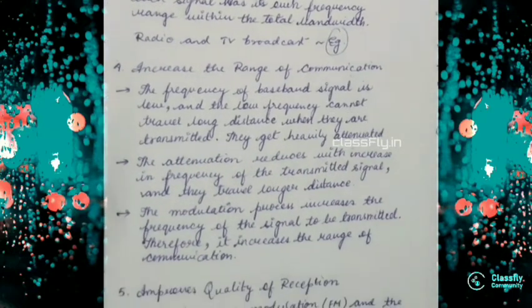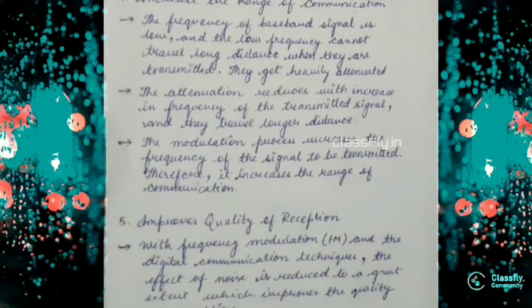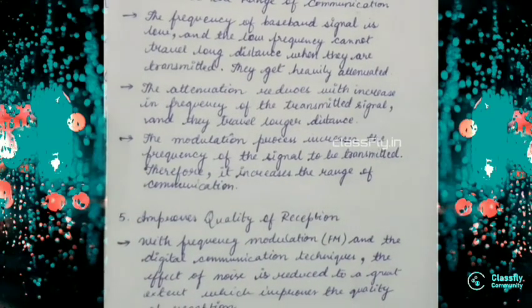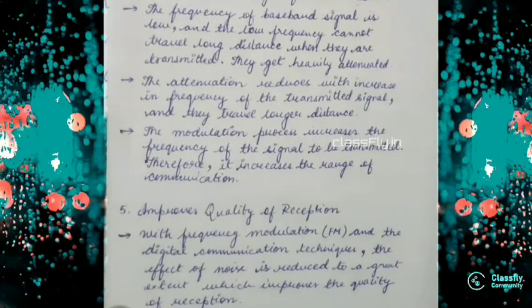And the fifth is improves quality of reception. With frequency modulation and the digital communication techniques, the effect of noise is reduced to a great extent, which improves the quality of reception. Quality of reception means the end at which the person is receiving the voice or any source of audio.